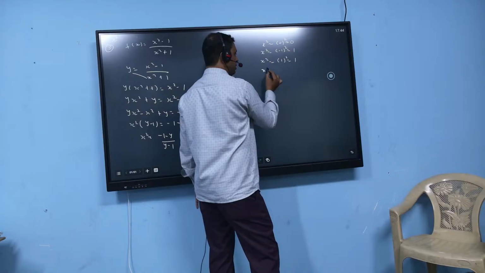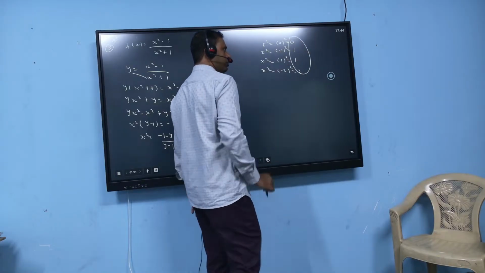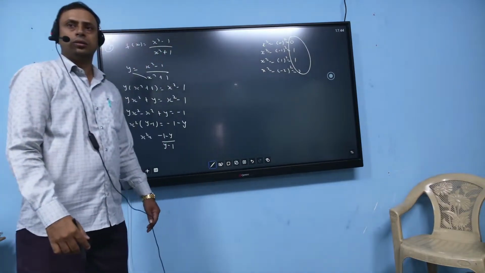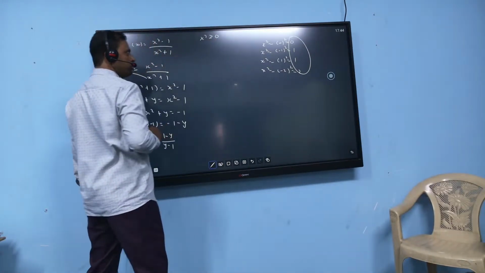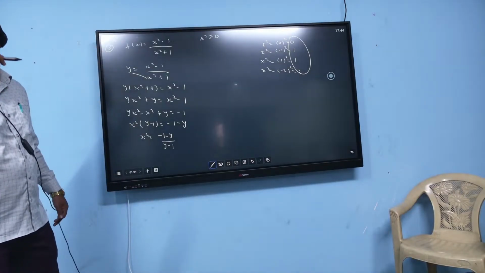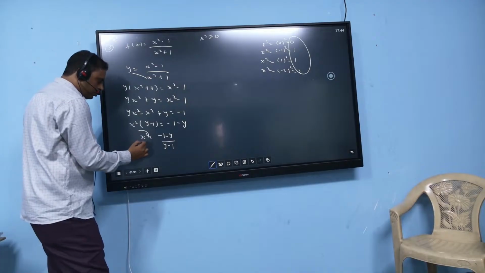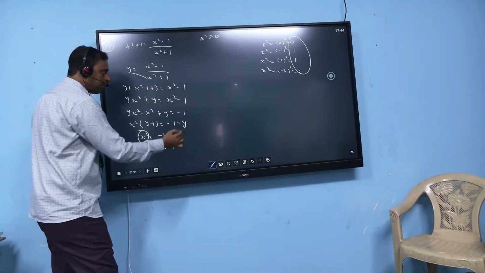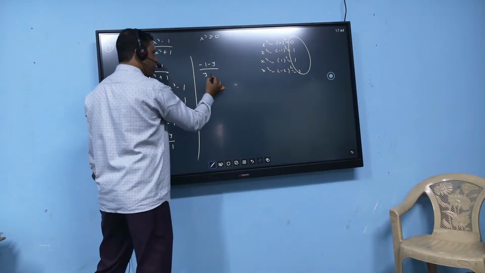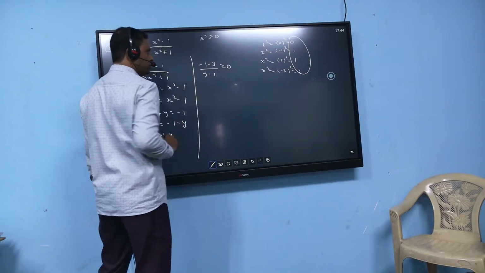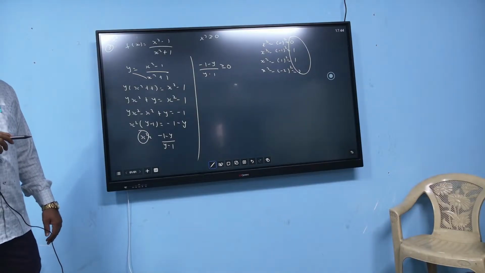If I take minus 2, so what values am I getting? All. That means x square range is always greater than or equal to 0. Range is always 0 to infinity. Am I right? Now here x square is greater than or equal to 0, that means this function is also the same, no? Minus 1 minus y divided by y minus 1 is greater than or equal to 0. Is this okay? Understood? Any doubt?